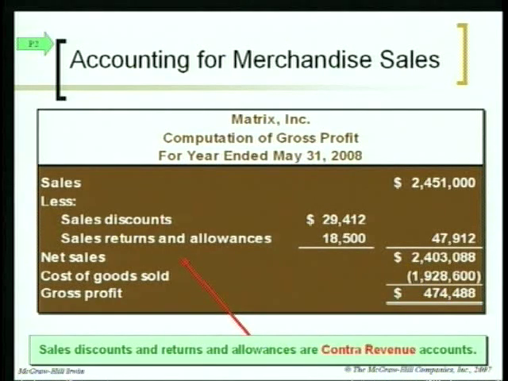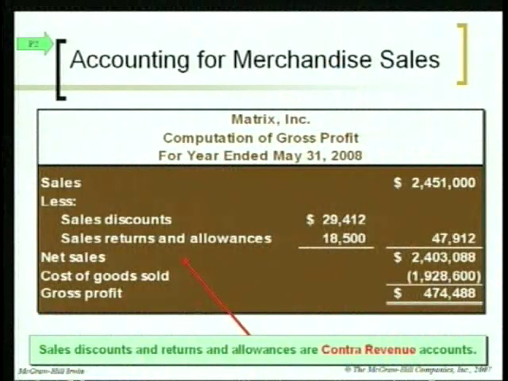Okay? Now, what types of accounts are sales discounts and sales returns and allowances? I'm glad you asked. These are what are called contra revenue accounts. Now, we've talked about contra accounts, haven't we? What does contra mean? On the other side, or against, right? So revenue accounts are credit balance accounts, correct?